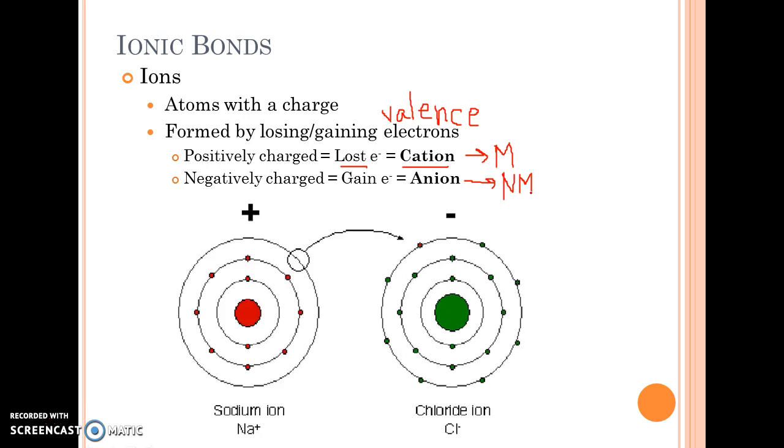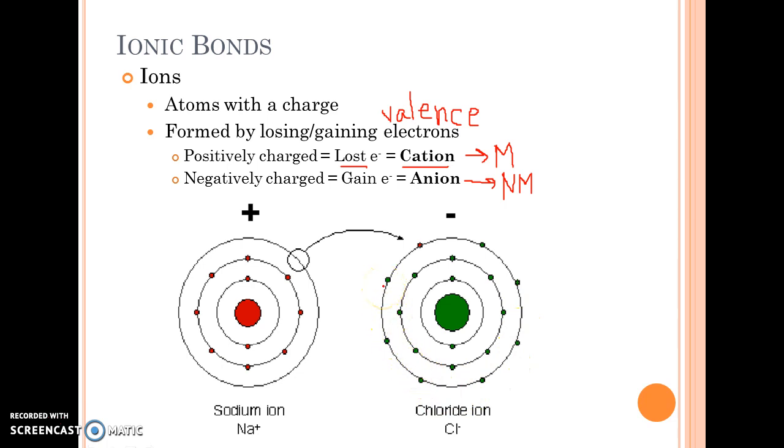Here is a picture of what I'm referring to. Here we have 2 Bohr models, one for sodium and one for chlorine. Sodium had one little lonely valence electron on its outer energy level. Chlorine had 7 valence electrons on its outer energy level.